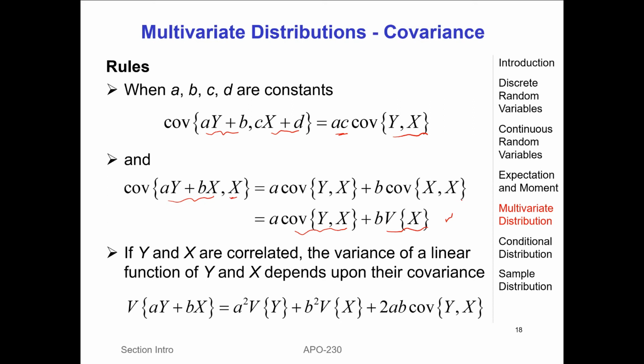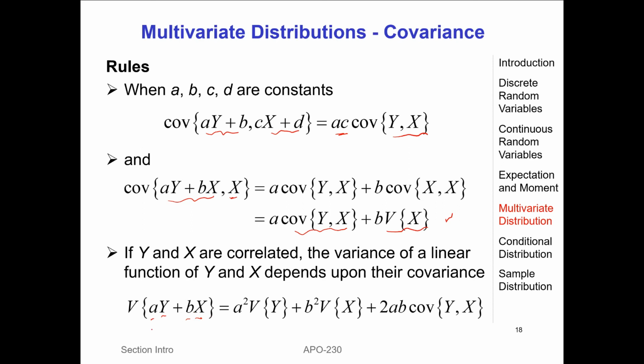Then the third one is actually a very interesting property that is used a lot in finance, for example, with portfolio management. You can think about y and x as two financial assets, stocks or securities, for example, and a and b are the shares of them in the portfolio.